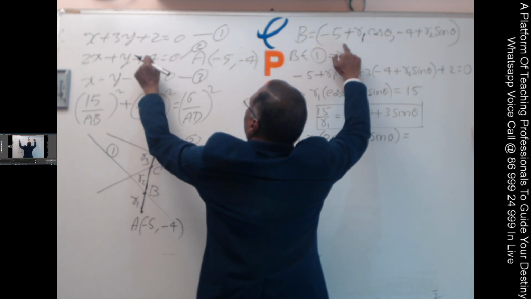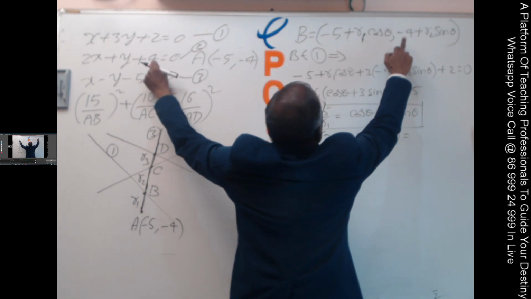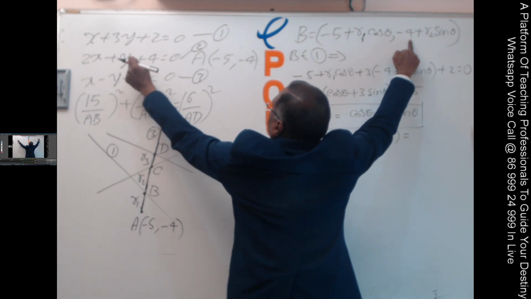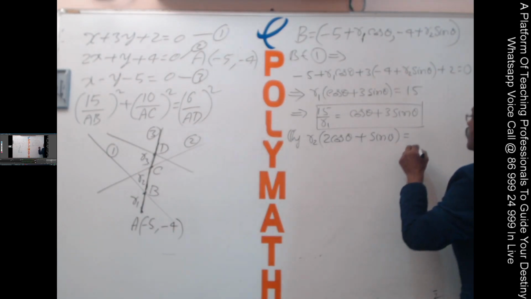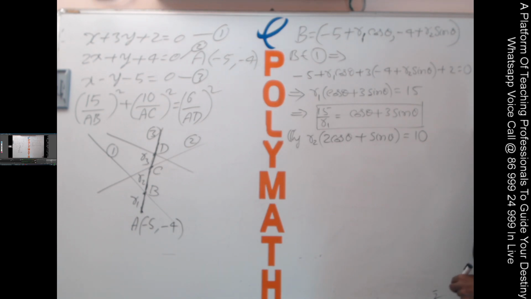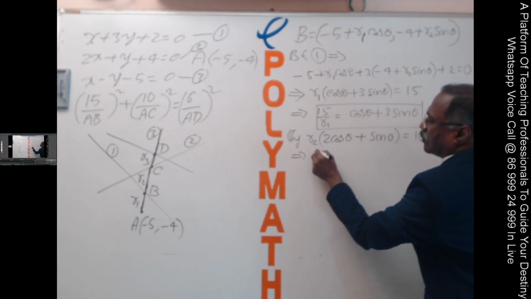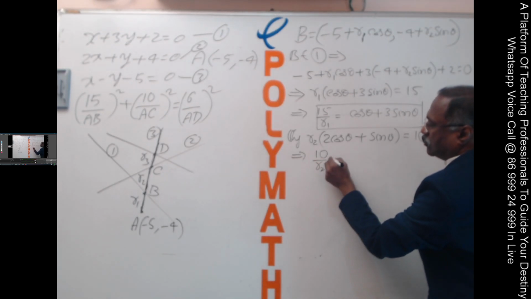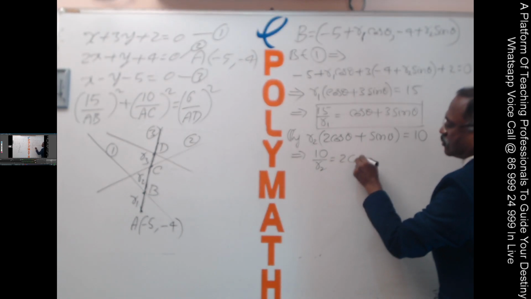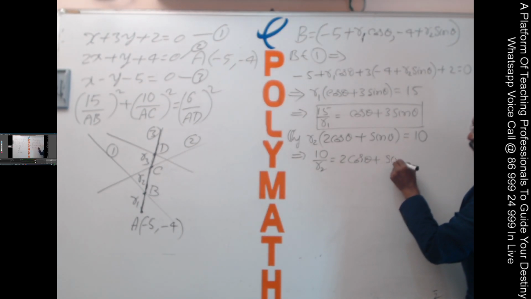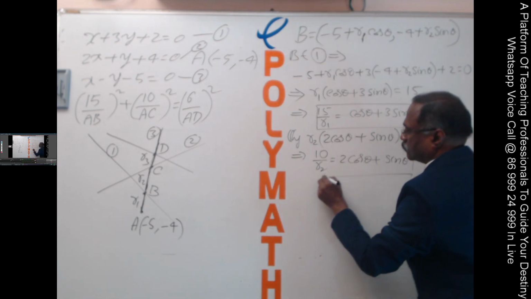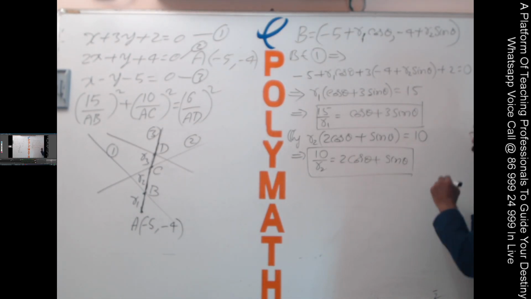Minus 10 plus 4, minus 6. Minus 6, minus 4, minus 10 is equal to 10. This implies 10 by R2 is equal to 2 cos theta plus sin theta. That's what it is.